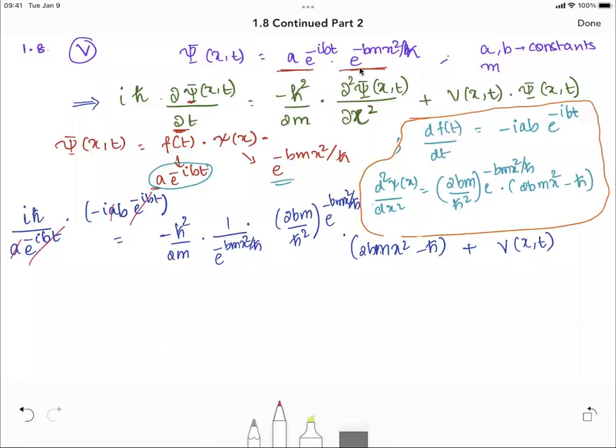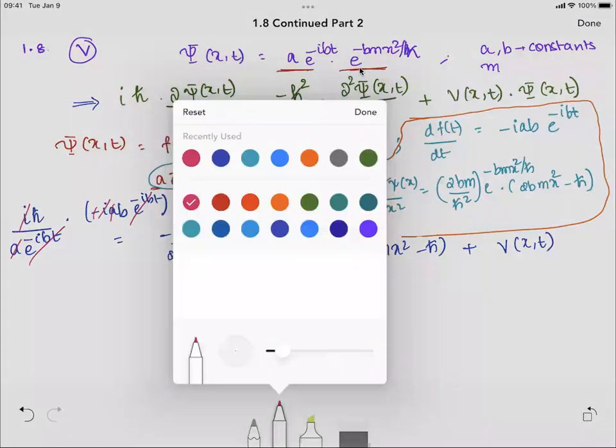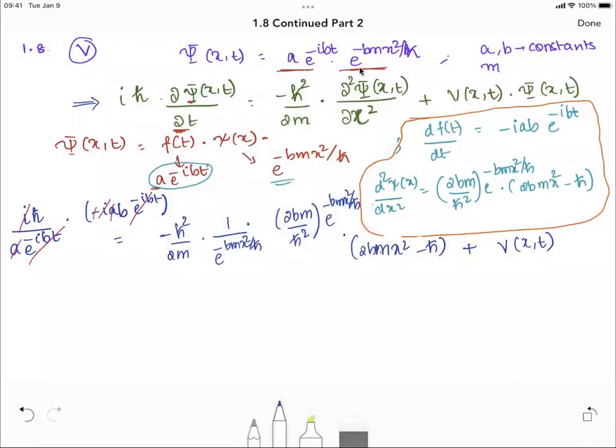A gets canceled, this gets canceled. i squared is a negative 1, and we also have a negative here, so negative i squared is just going to be 1. So after those beautiful cancellations, here we have b h bar on the left-hand side.